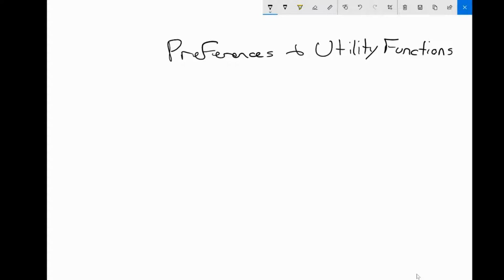But now that we're through the math review, we're going to really put that into practice, and we're going to start relating the mathematics to how we can use it to model decision making.